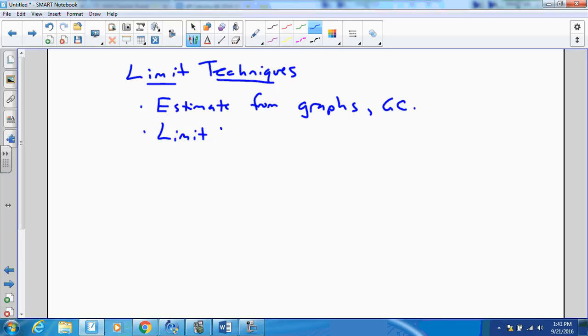We're talking about limit properties. And the limit properties gave us a technique of direct substitution for certain types of functions. Which types of functions? Polynomials, rational functions, yep.